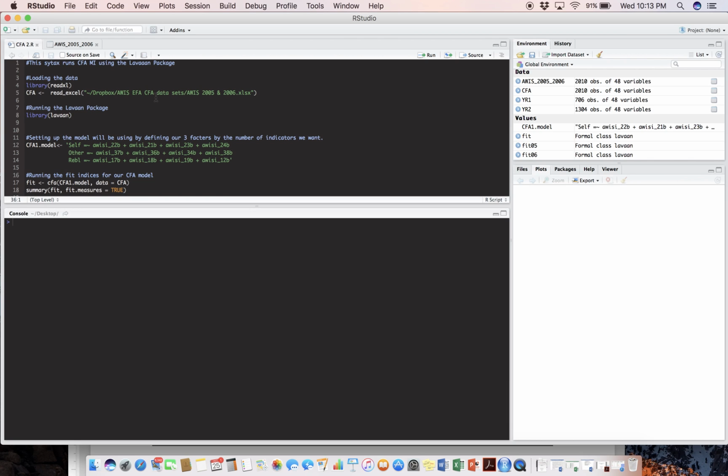that we're going to be using to run our CFA. And this data set is essentially a motivational state data set using the reversal theory framework.